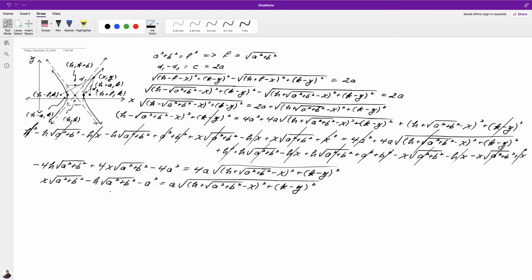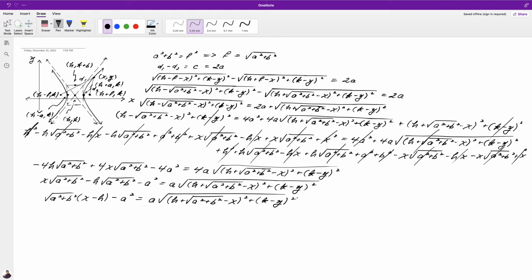All right. Notice that the left-hand side, I can actually factor out an a squared plus b squared from the first 2 terms. So let's do that. I think that'll help, because we're going to need to square both sides again now, aren't we? Yes, indeed we are. That'll help simplify some things.